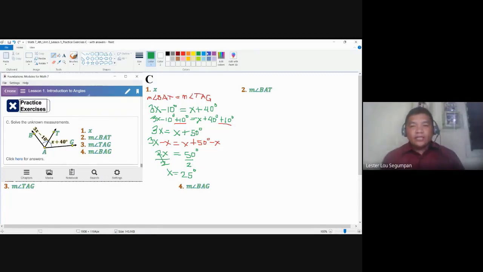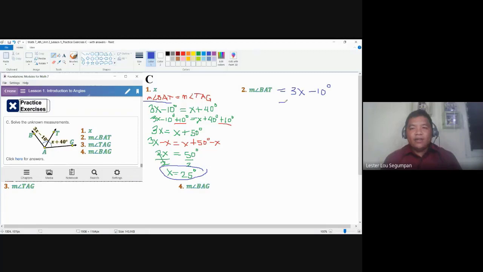We could use this value to solve for the remaining items. Well, we could check it first, but by checking, we could also determine later on after solving number 3. So let's use the value of x in the measurement of angle BAT, which stands for 3x minus 10 degrees.